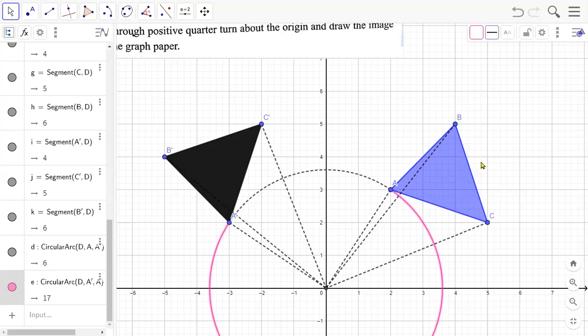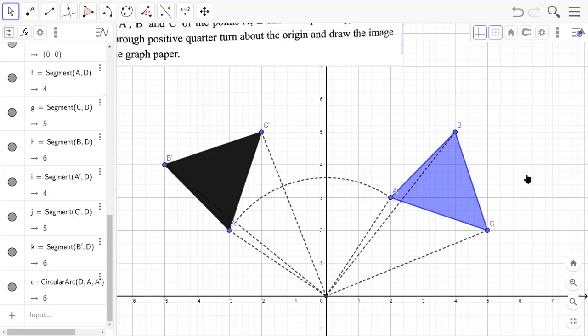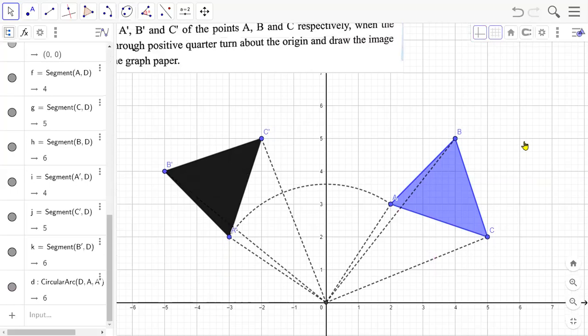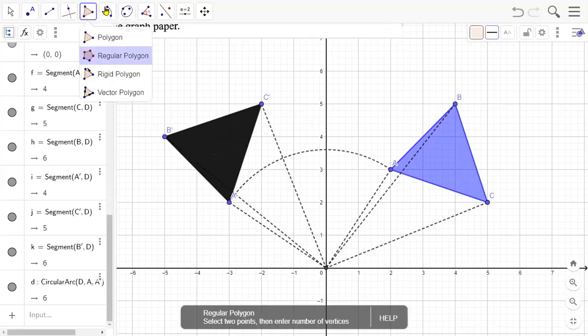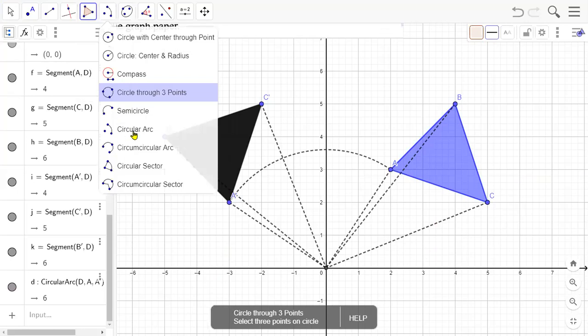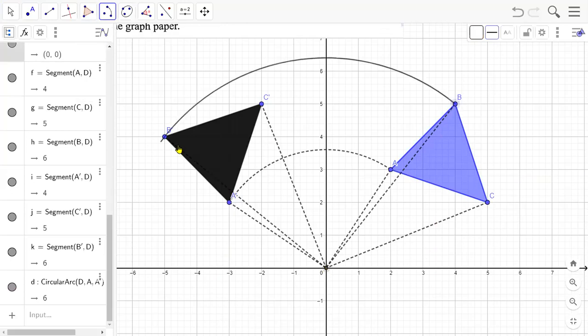Okay, let me just delete this unnecessary path. Okay, and like this we have to connect the next vertices. Let me just connect the next vertices. Okay, and by putting the compass at this center, let's go from B to B dash.